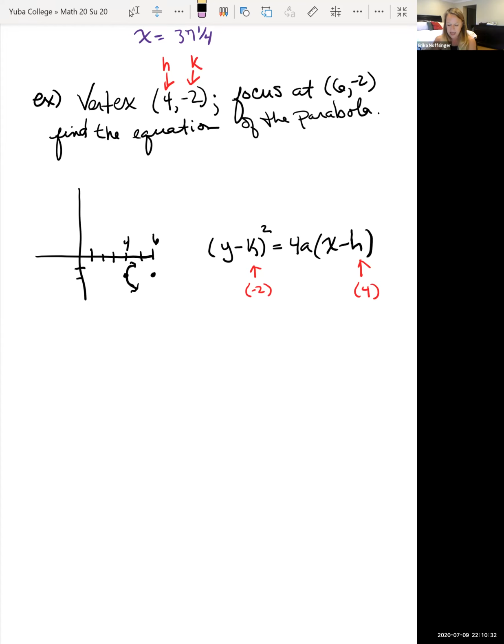We don't know what a is quite yet, but a is the distance you can find by looking at the distance between that vertex and the focus. Well, if I'm going from an x value of 4 to an x value of 6, y hasn't changed, we can tell that that distance here is 2.